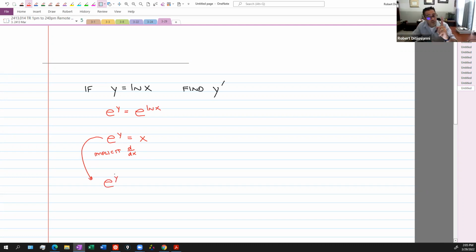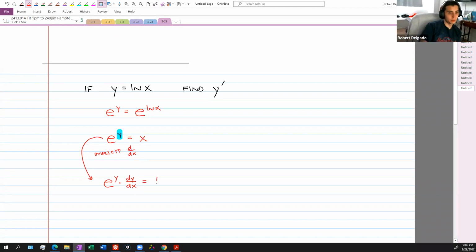But chain rule, do not forget chain rule, everyone. Times, now what you do is you take the derivative of y. What's the derivative of y with respect to x? dy dx. Okay, equals, now the other side, what's the derivative of x with respect to x?